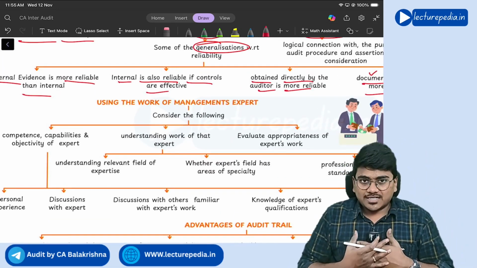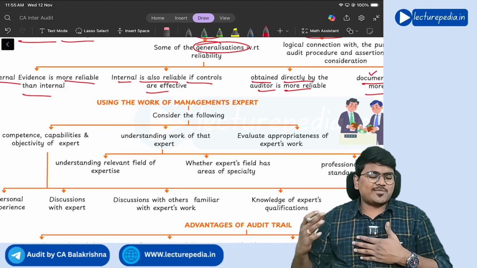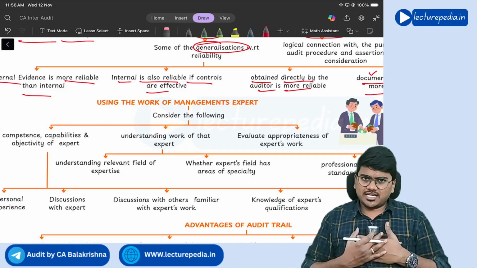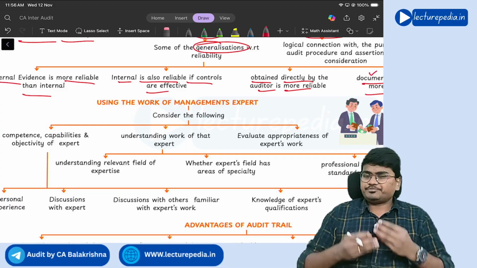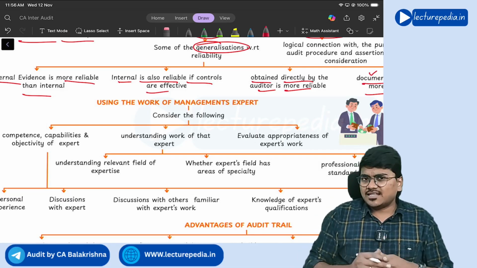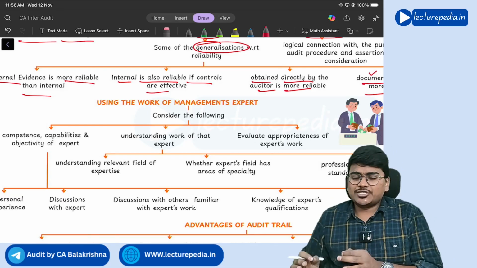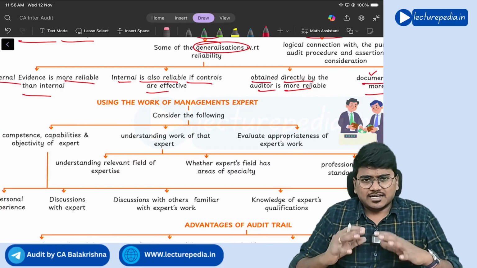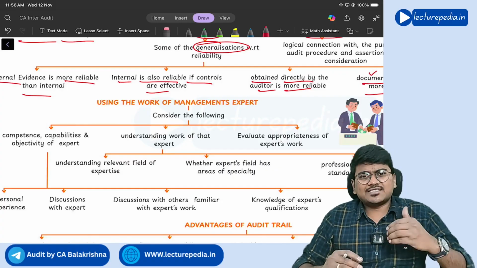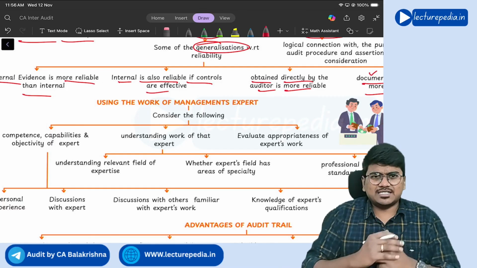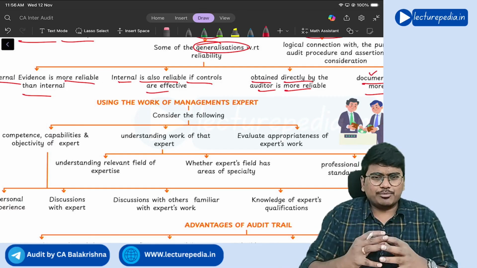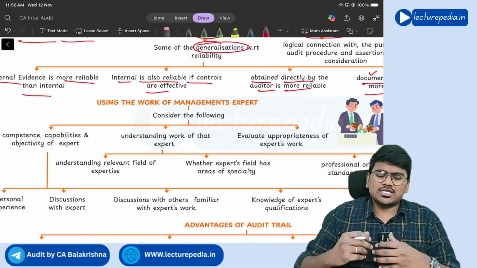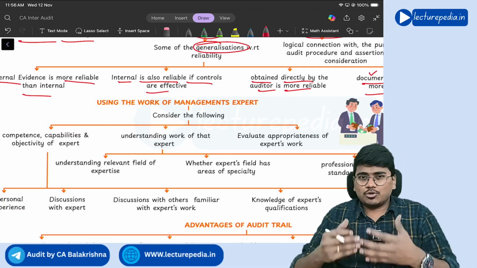Next, using the work of management's expert. So, can the auditor use the work of a management expert? Yes, he can use it. For example, in the entity there is a provision for gratuity. Now, provision for gratuity involves various calculations, various assumptions about how many employees will retire, how many employees will stay for more than 5 years.